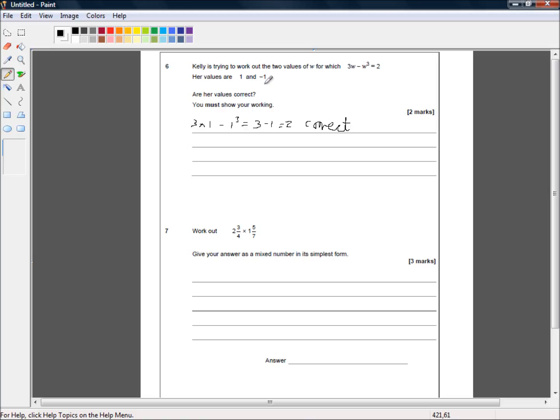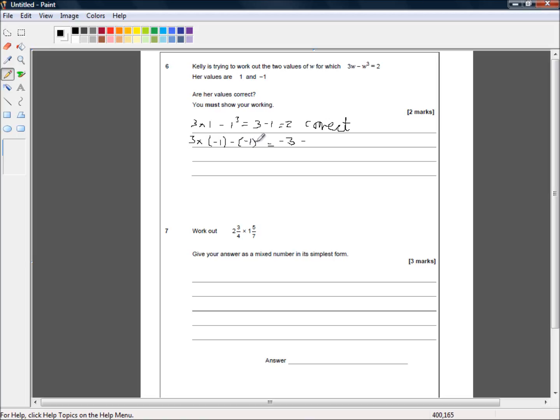Right, so now we've got negative 1. We've got to check out if that's the correct answer. So this is now 3 times negative 1 minus negative 1 cubed is equal to, so that's 3, and that's negative 3 because it's times by negative 1, and then we're subtracting negative 1 cubed.